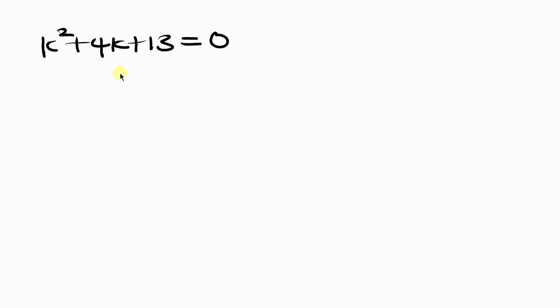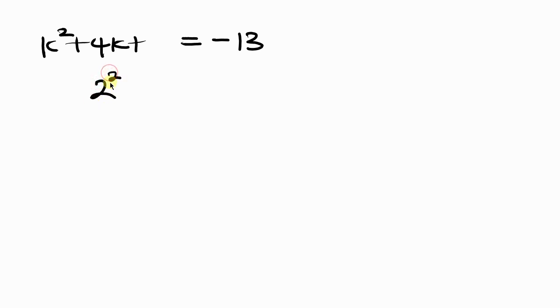So using the completing the square method, I'm going to be moving this 13 to the right hand side so that it becomes negative 13. Good. Now I'll take care of this middle number, which is this 4. I'll take half of it. Half of 4 is 2.